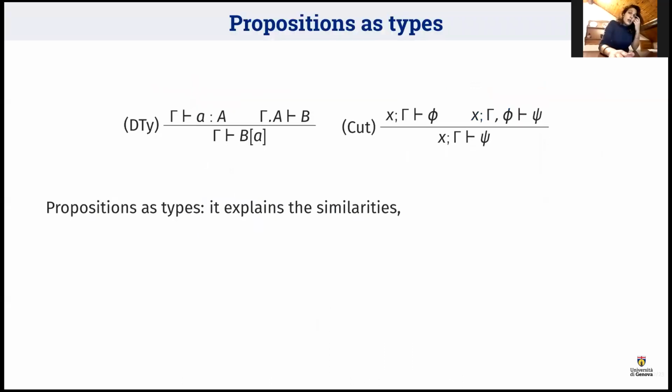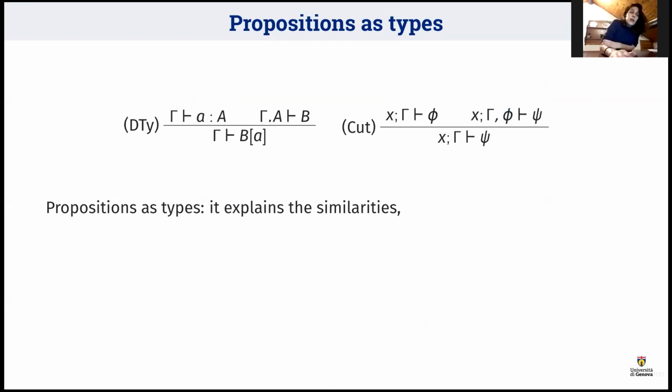A reasonable first answer is propositions as types, and any logician will probably say something of this kind. It does explain some similarities, because this paradigm is very strong and has a very rich history.